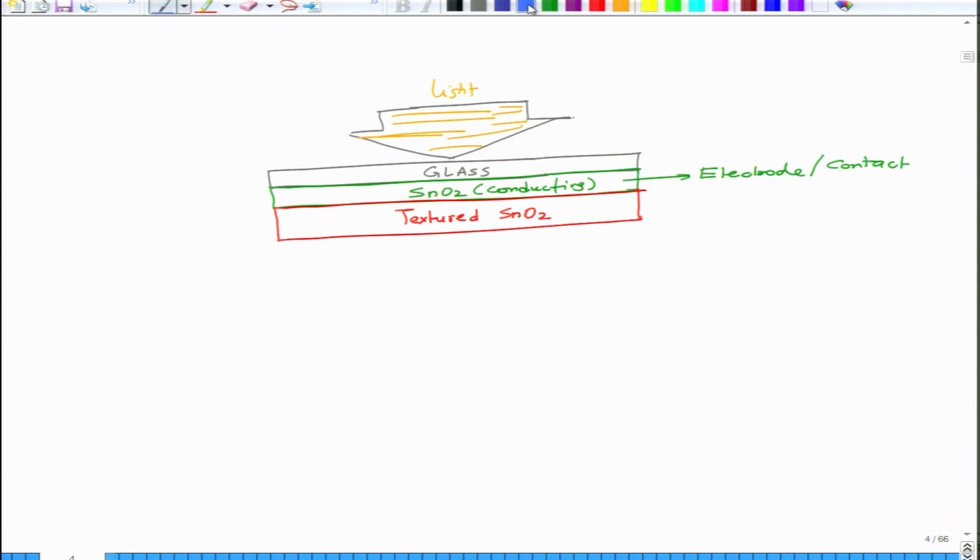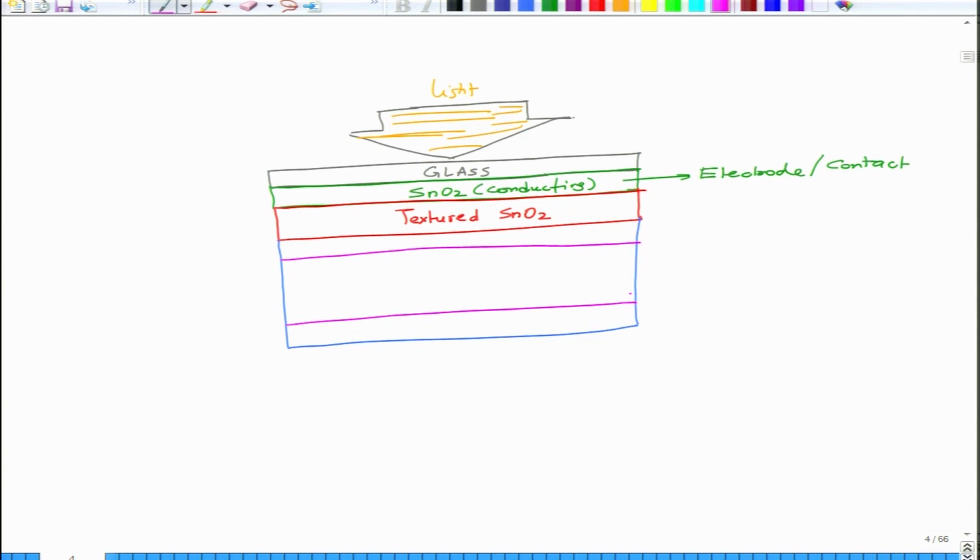And then we have silicon in three different forms. We have the first layer of silicon, then a second layer in between, and a third at the bottom.